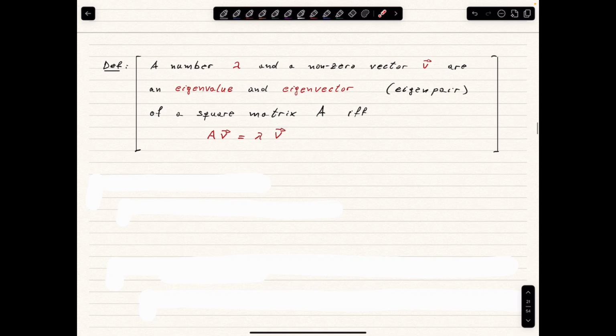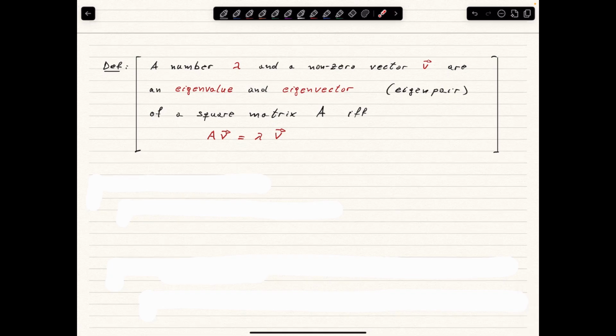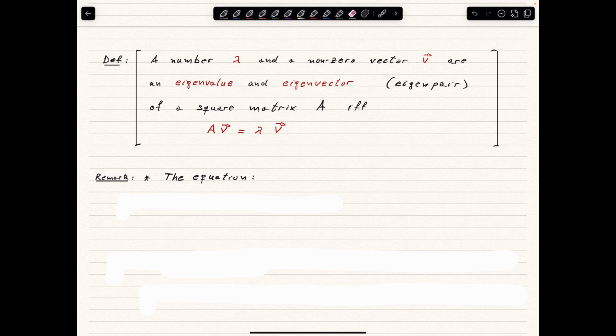Okay, a few remarks before we start exploring this concept a little bit deeper. This equation, the eigenvalue eigenvector equation, that is a matrix acting on a vector equal or proportional to the same vector, where in this equation the only thing that is given is the matrix A. A is given.